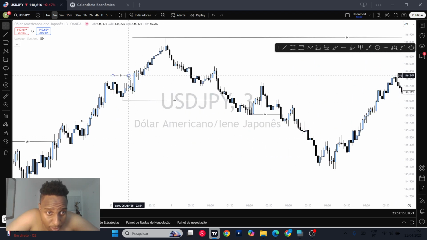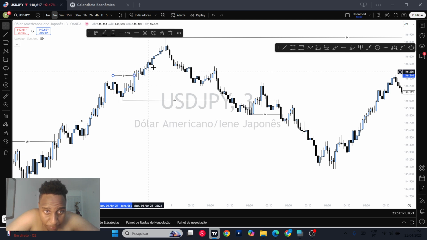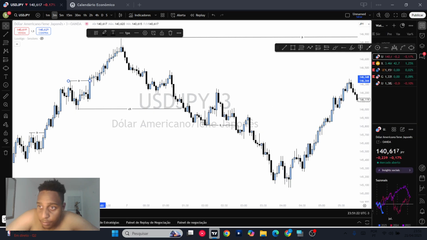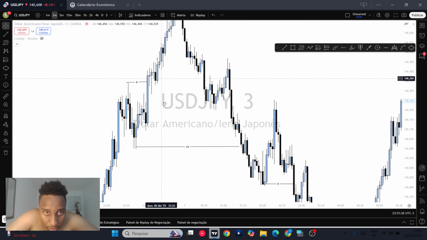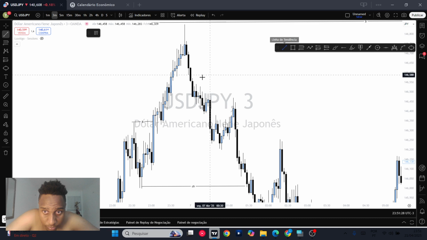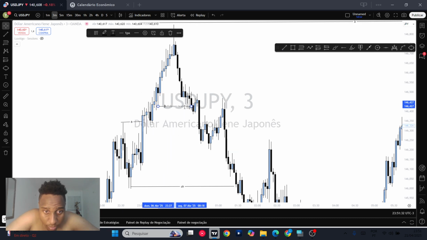So if you see in the 3 minute time frame, basically the change of structure happened. Sorry, guys. Happening around here, around this low right here, and this goes on and on.